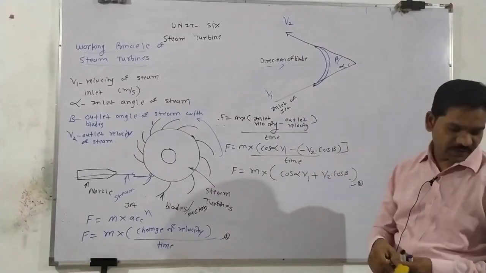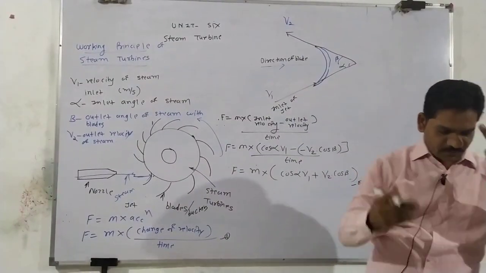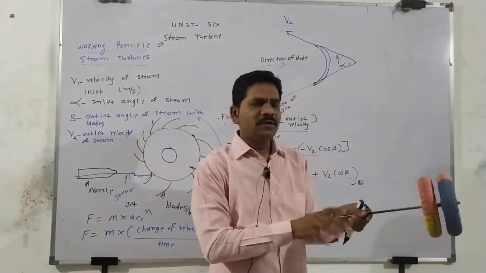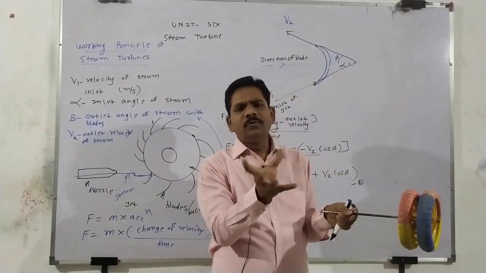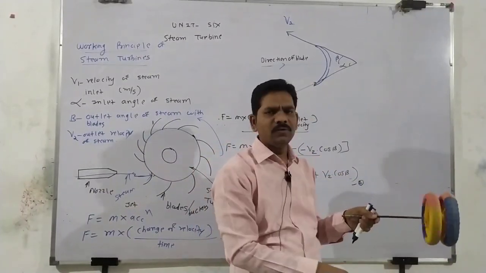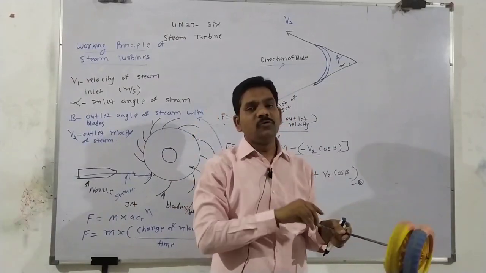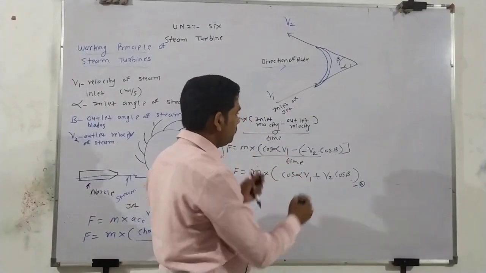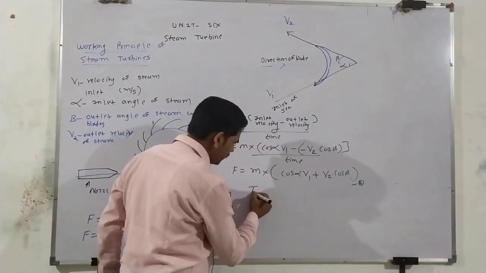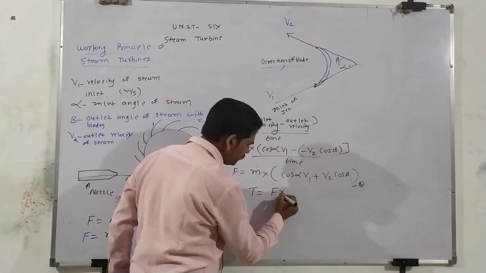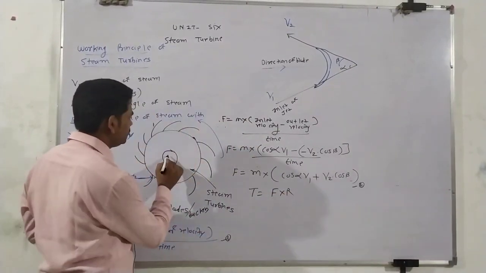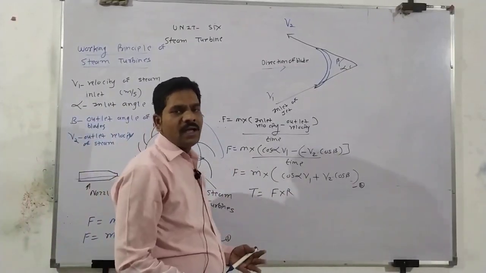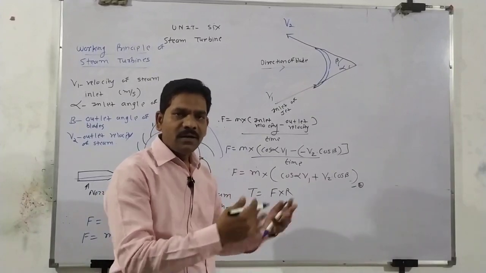Now after getting this, we have the formula for the torque. Why do we consider the torque? Because for rotation under any angular conditions, the torque is required. So what torque is required for rotation of the turbine blades? What is the formula for the torque? Torque is equal to F into R, where R means the radius of these blades, capital R, for rotation with angular velocity, as for any wheel.